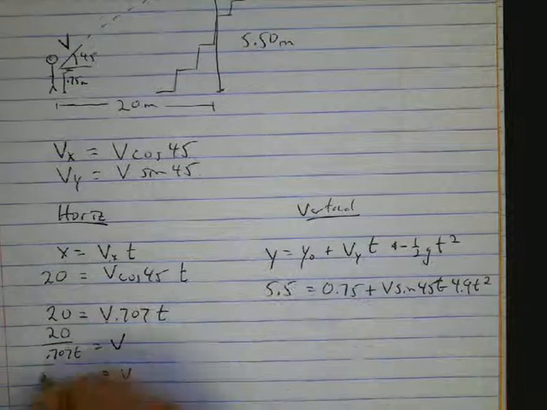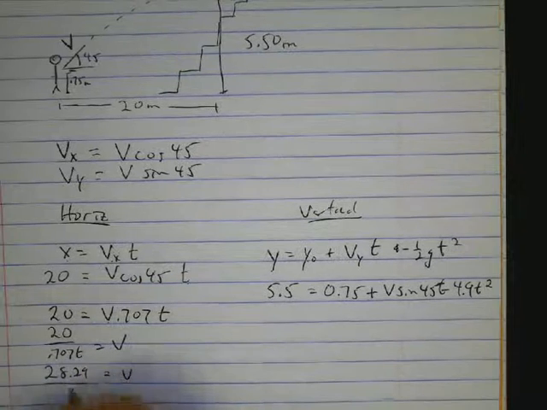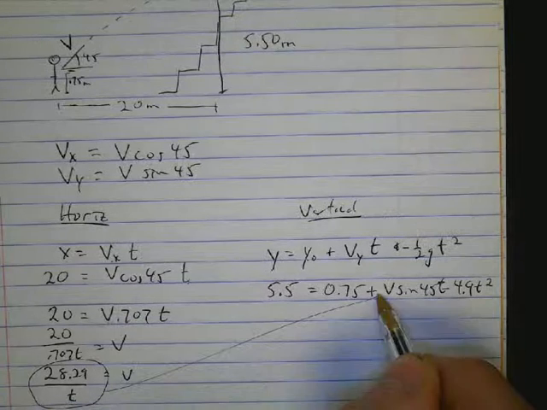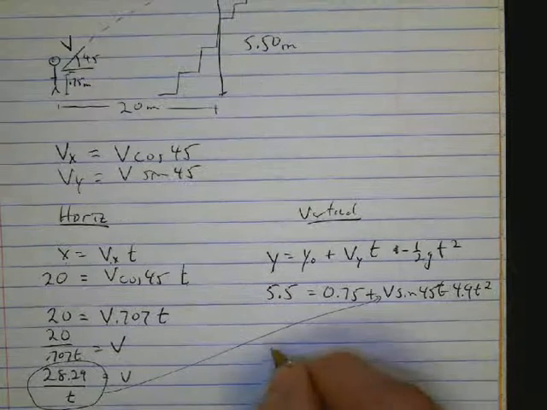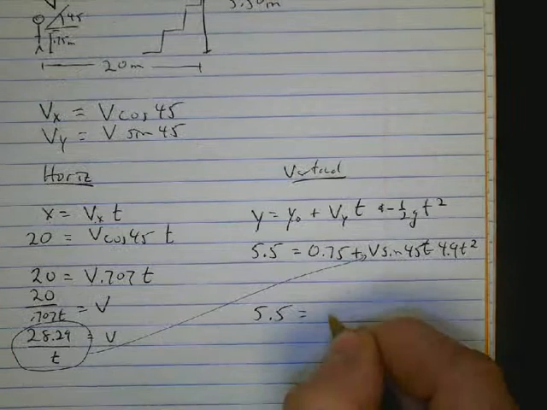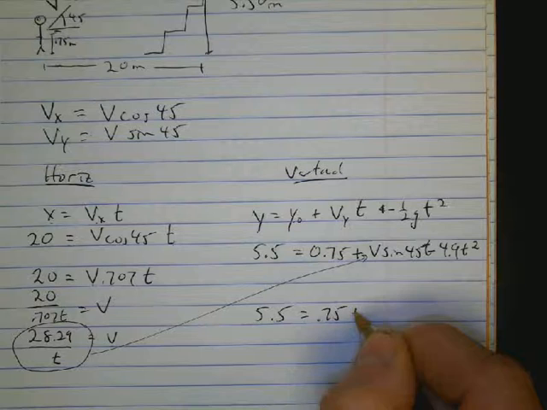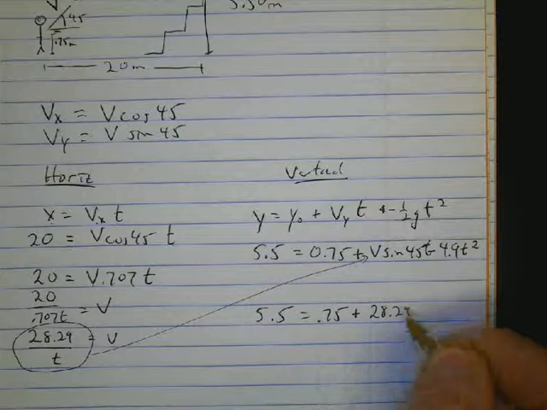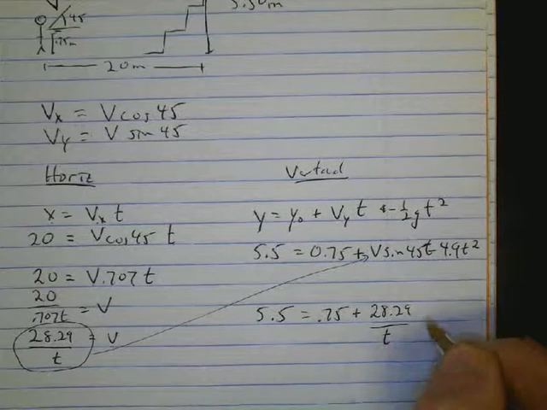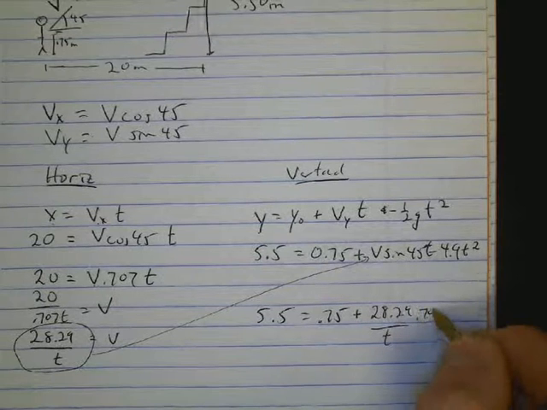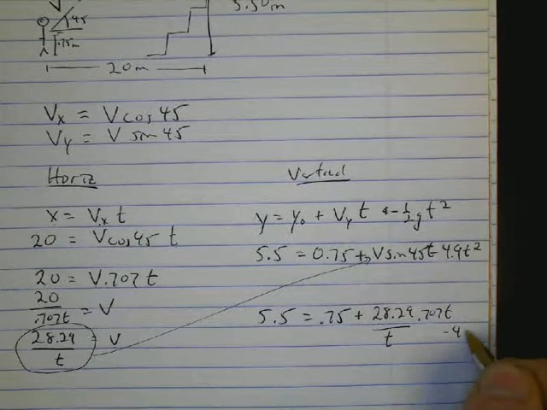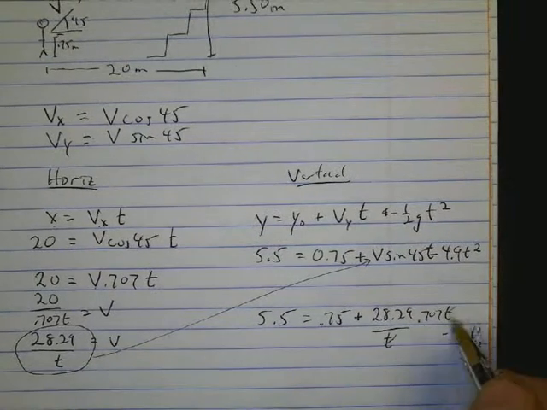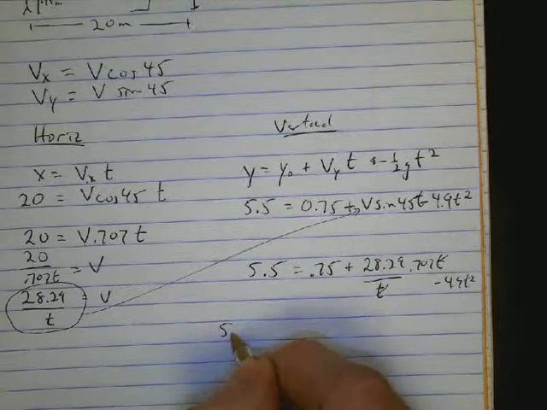Okay? So this becomes 5.5 equals 0.75 plus 28.29 over t times the sine of 45, 0.707 t, minus 4.9 t squared. Okay, I'm going to simplify this term now. You can see the t's cancel. 28.29 times 0.707, that's 20.